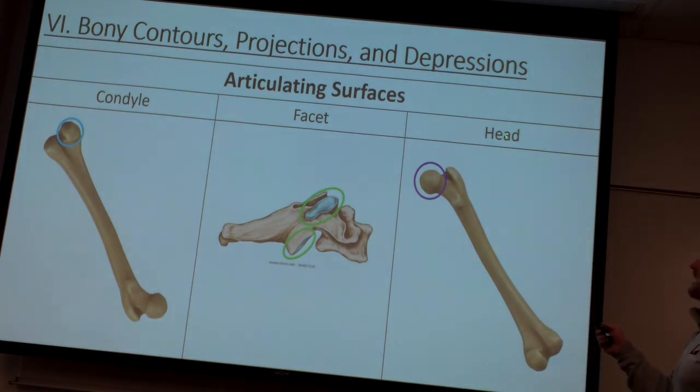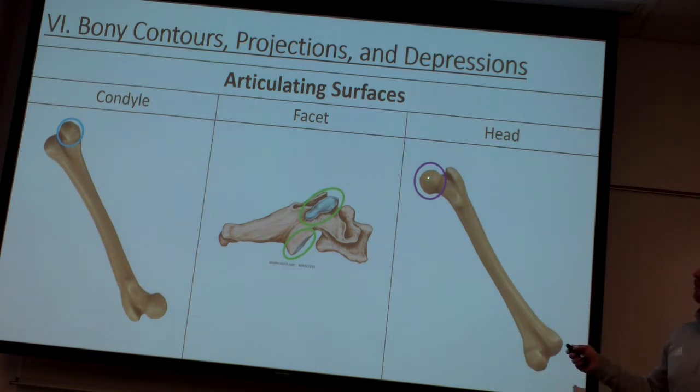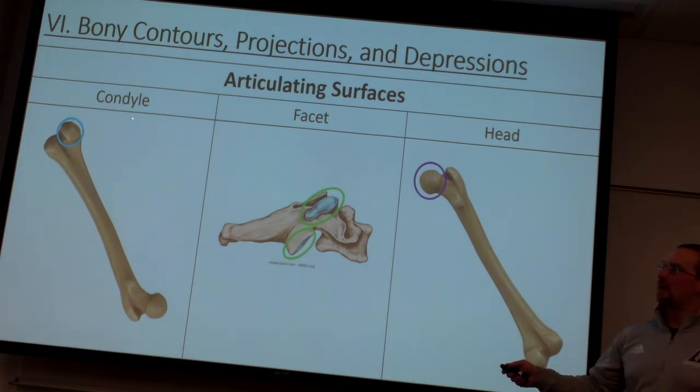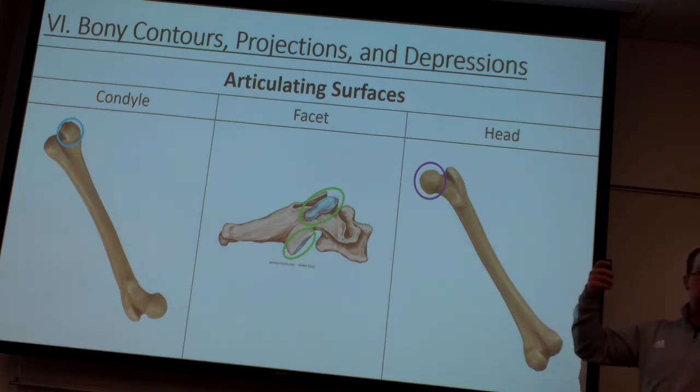And then we've got head. The head is an enlarged end of a long bone. Now notice this is different than a condyle. A condyle is a projection that comes off of it, versus the head, where the entire end gets big.